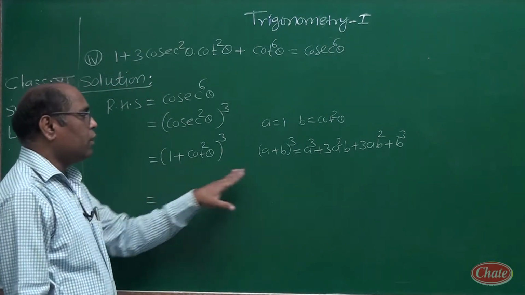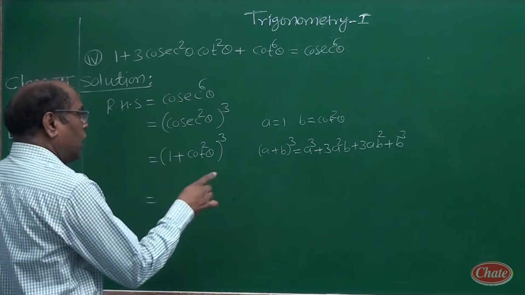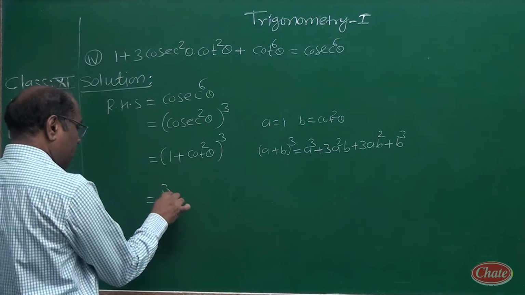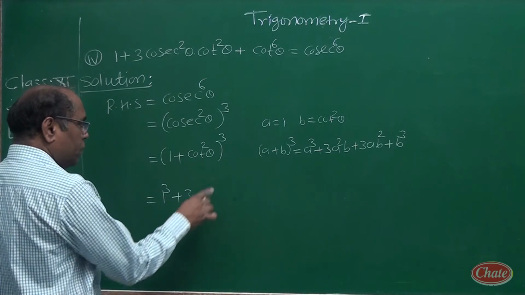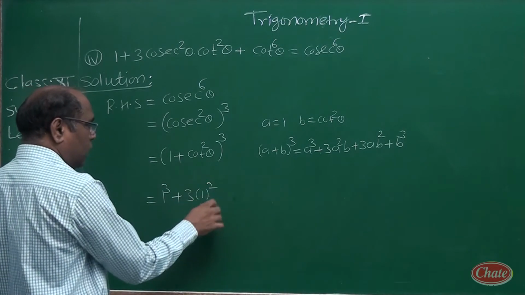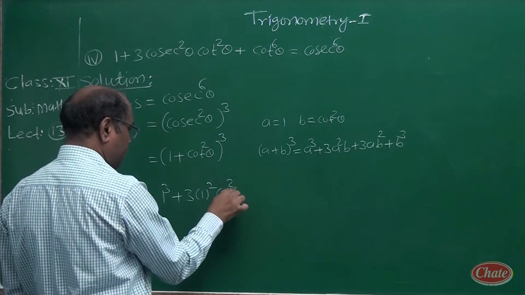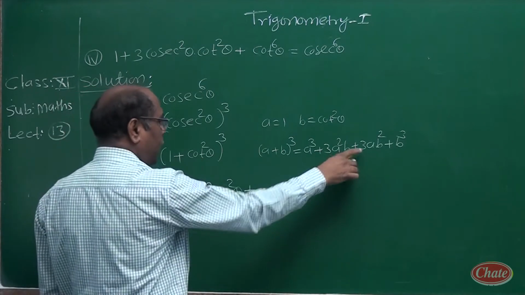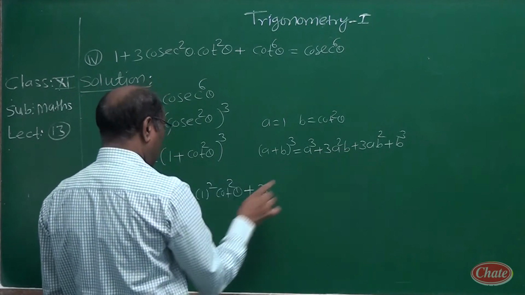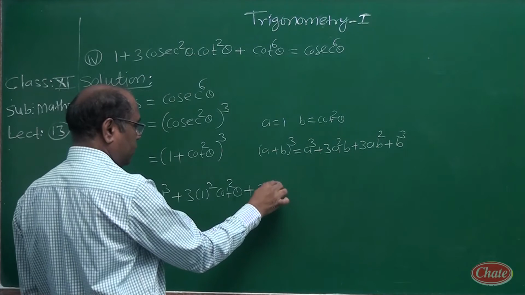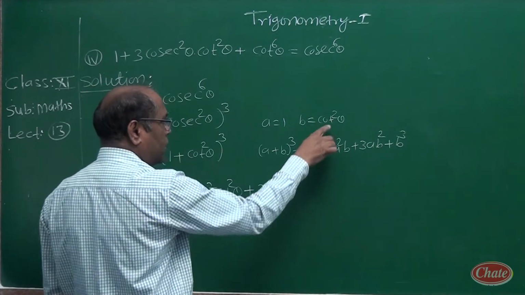Okay, so I have to put these values in the RHS of this formula. A cube means 1 cube, plus 3, a square means 1 square, b means cot square theta, plus 3, a means 1, b square, what is the value of b?